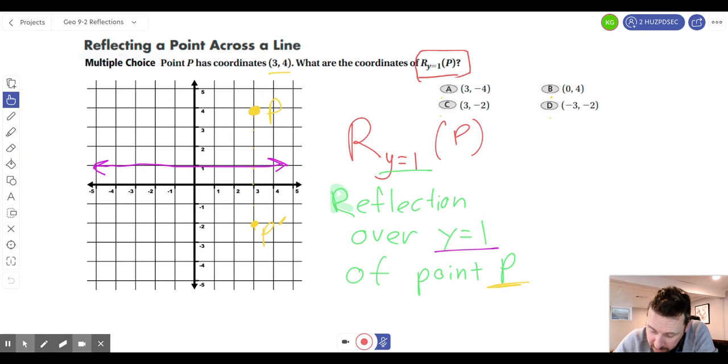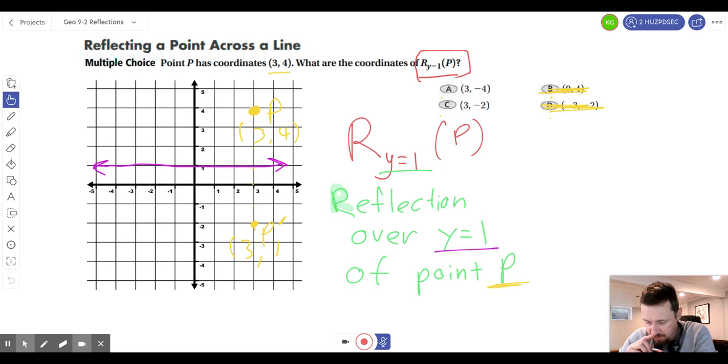So if this has coordinates 3, 4, if I go directly down from there, my x coordinate isn't going to change. So I can rule out B and I can rule out D. So it's either A or C.